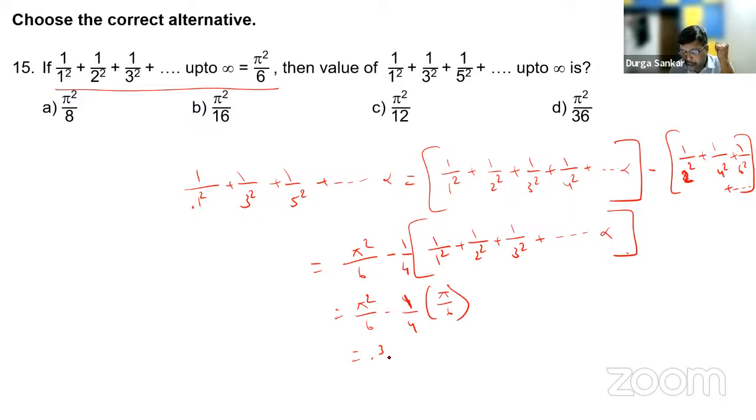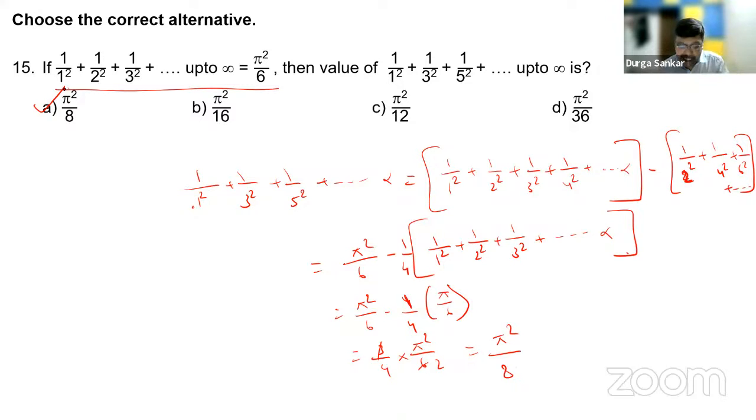So it becomes 3 by 4 of pi square by 6, which is nothing but equal to pi square by 8. Answer option A.